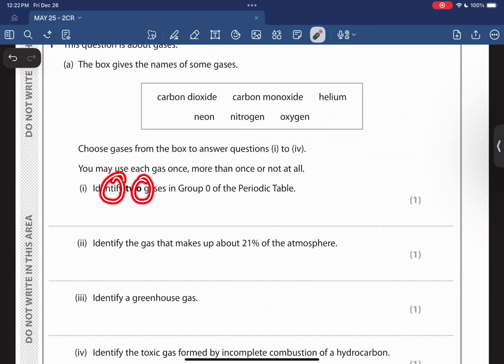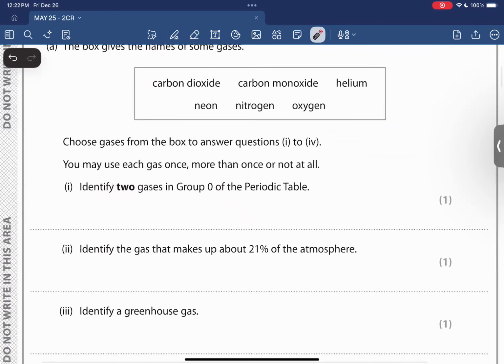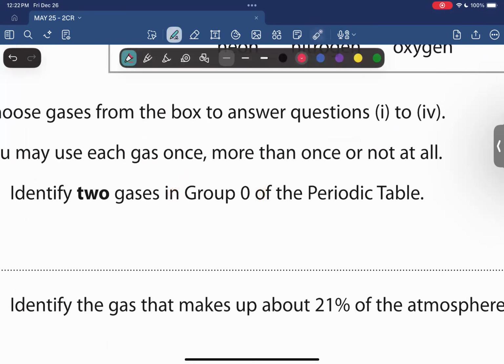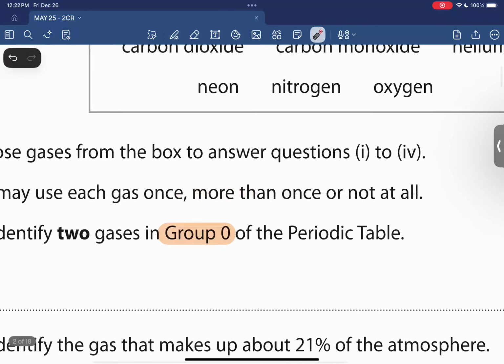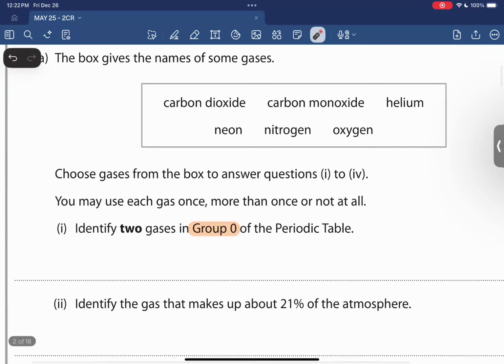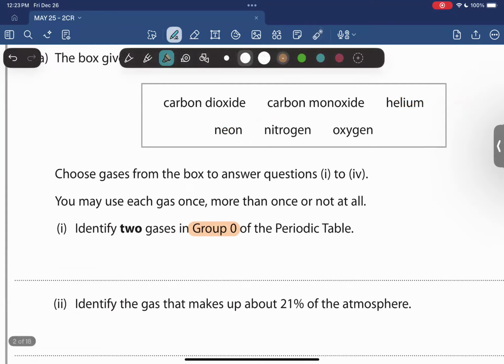Identify two gases in group 0 of the periodic table. Group 0 basically means group 8 of the periodic table. So what basically are those?